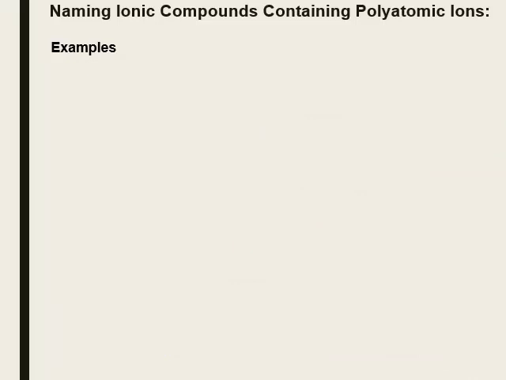In case we have an ionic compound with polyatomic ion which has a variable charge metal, we apply rules which we learned previously. It's exactly the same rules. So I'll explain with the help of an example.